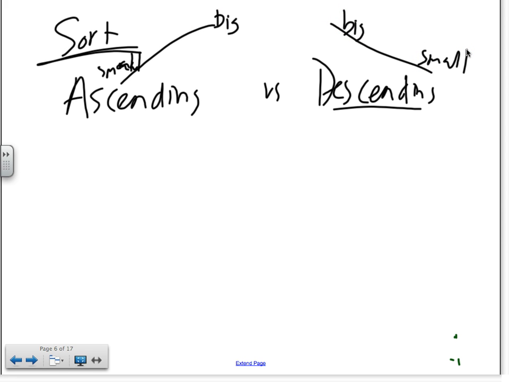So please understand the difference between the 2. Ascending, small to big. Descending, big to small. Okay? And when we say sorting, we are sorting by the degree, the power in this case. Okay? So sorting by power. So for instance, imagine I have the following polynomial.